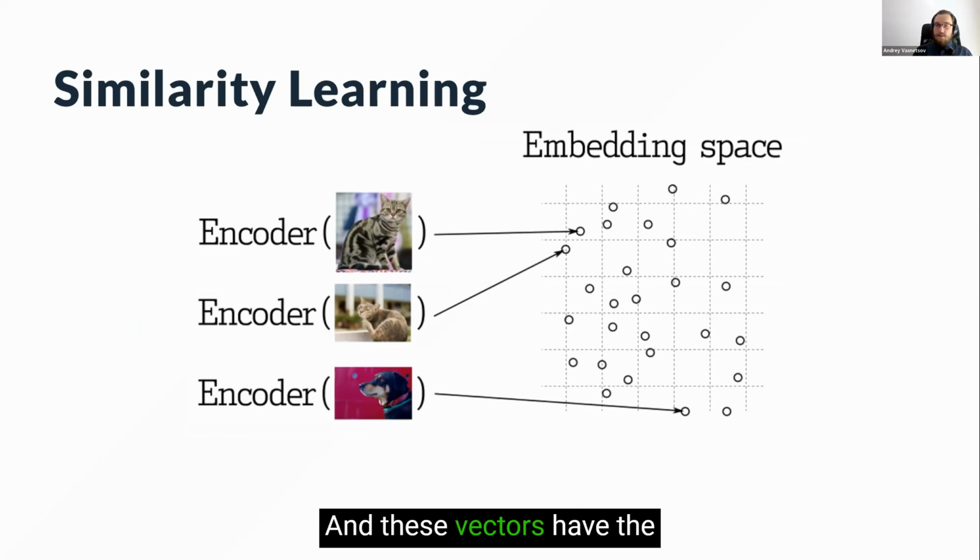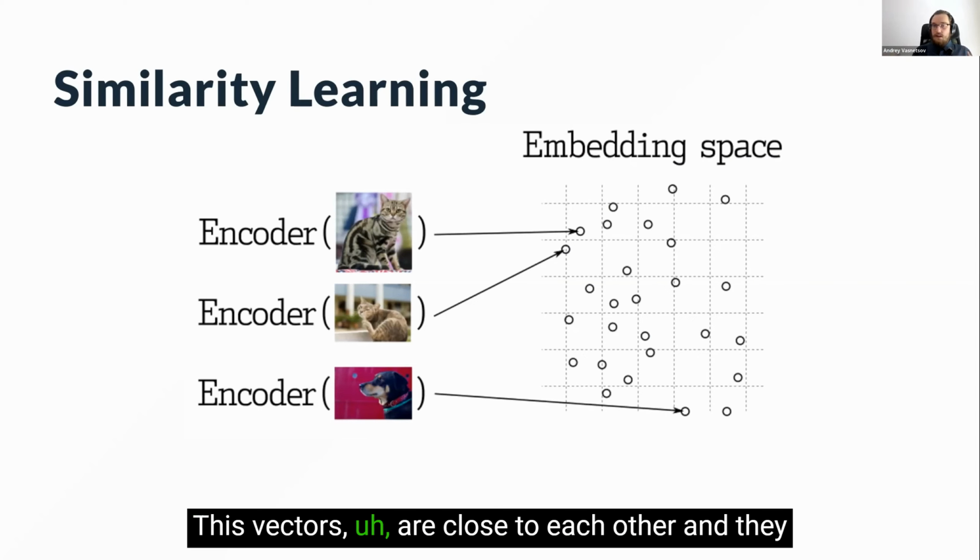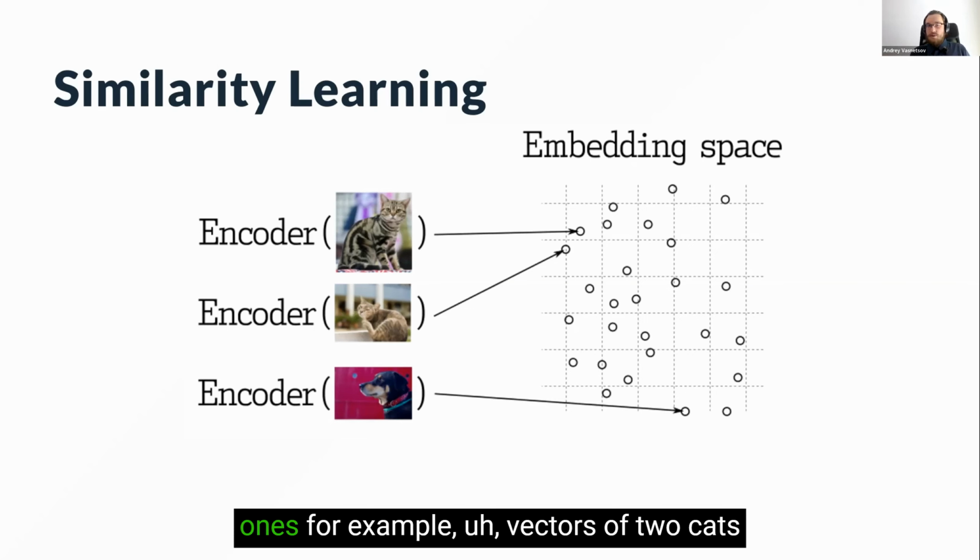And these vectors have the property that for similar objects, these vectors are close to each other, and they're closer to each other than to some dissimilar objects. For example, vectors of two cats should be closer than vectors of a cat and a dog, as you can see in this simple example.